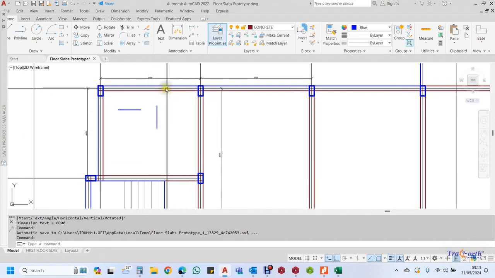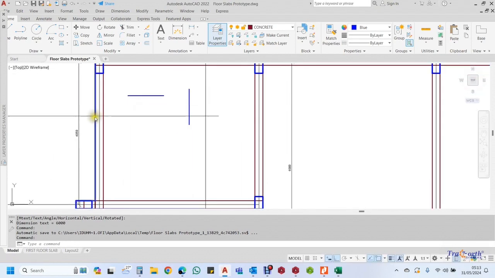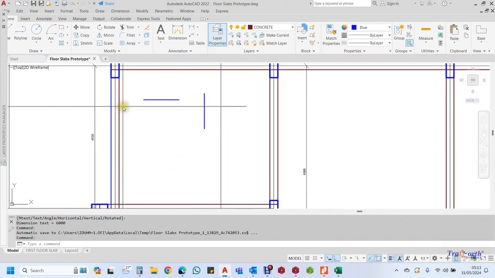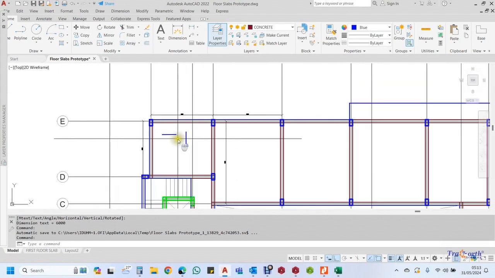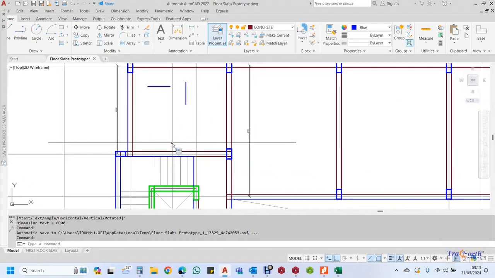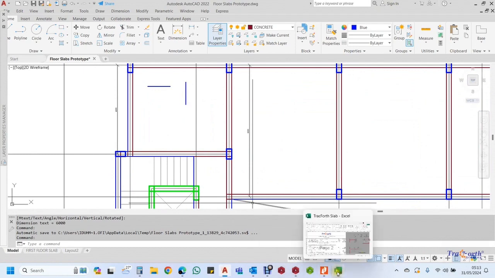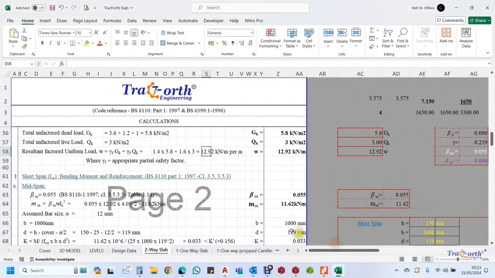Now, whether it is continuous, whether it is simply supported or not, whether there is moment or not, you must still make provision for the minimum reinforcement, but we will go into that.